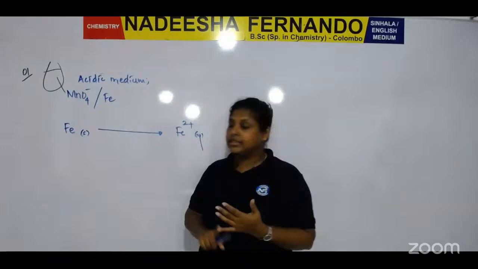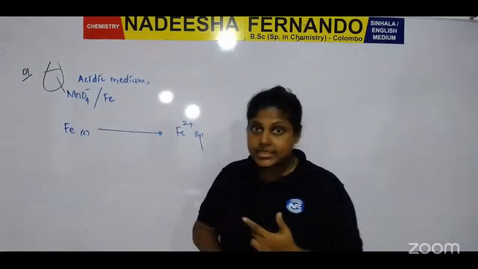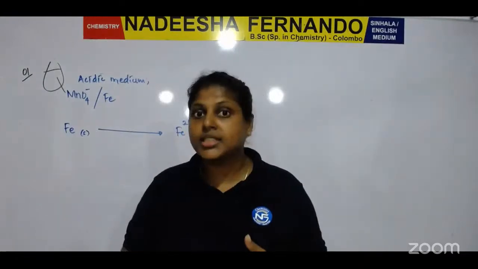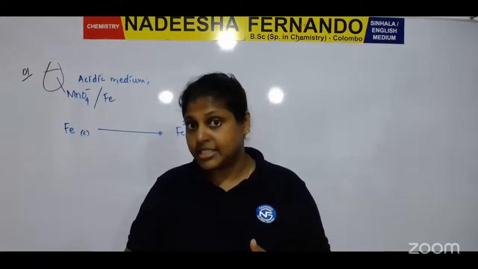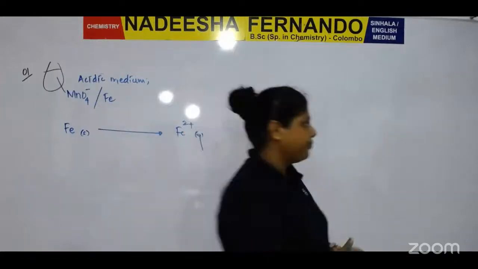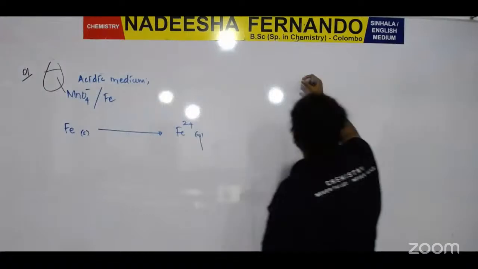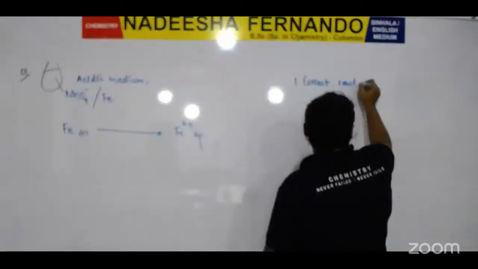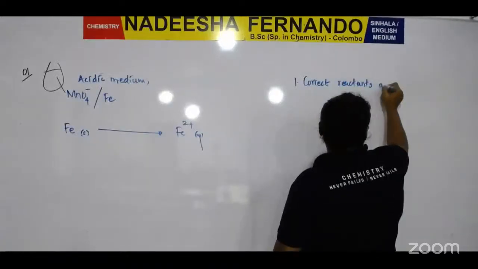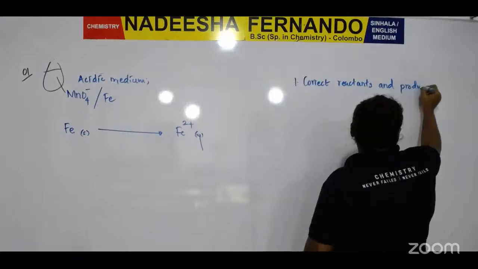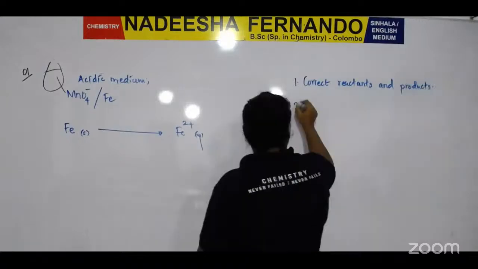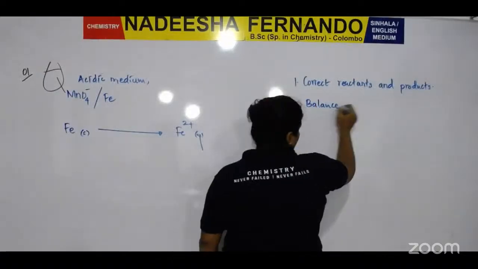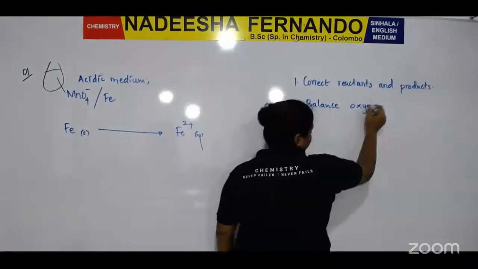After writing the reactants and products, we need to balance oxygen by adding water. The first point is to write the correct reactants and products. The second one is to balance oxygen by adding water.